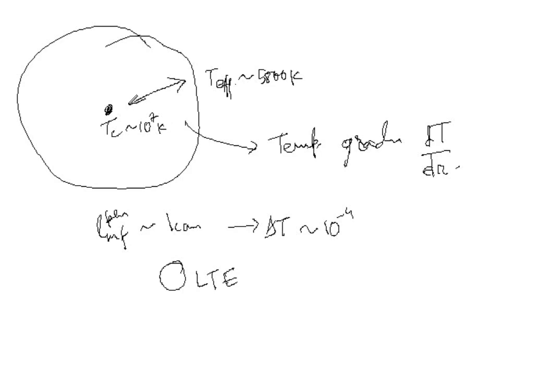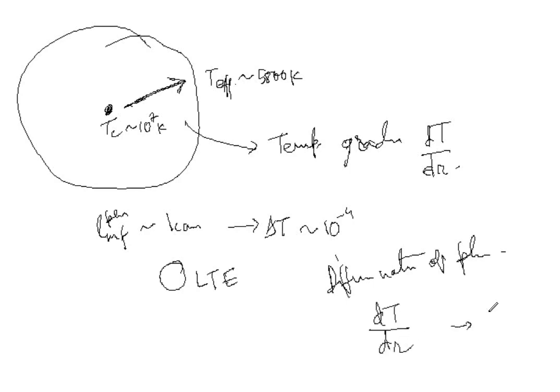And then, if we assume that this energy flux is a result of the diffusion of photons from the core to the surface, then just by assuming this diffusive nature of photons while transportation, we would be able to derive this dT/dr and get an estimation of the luminosity.